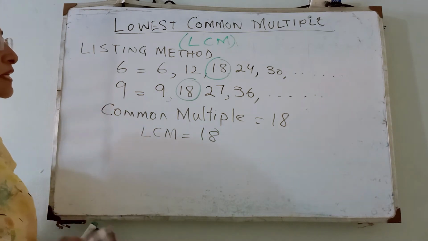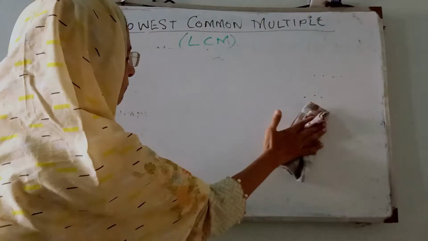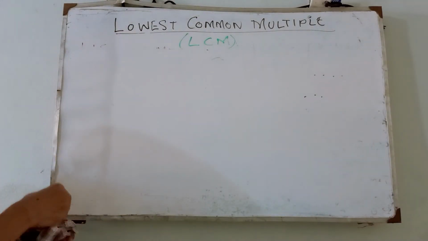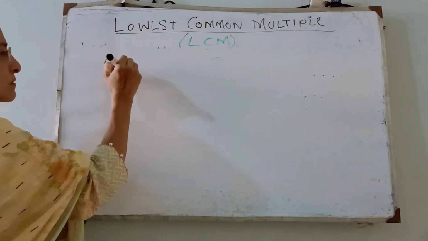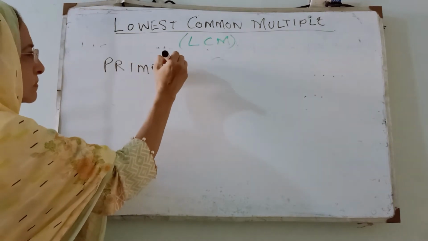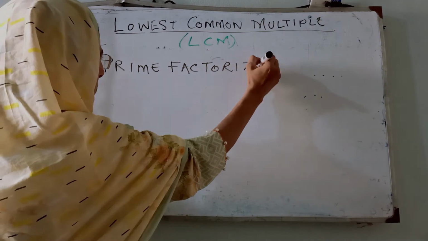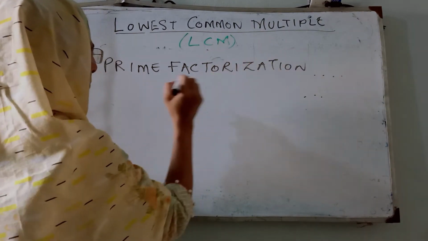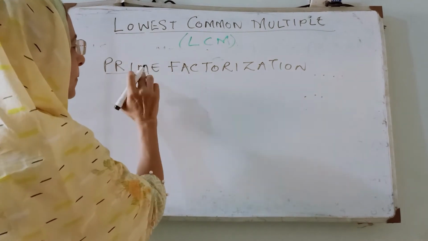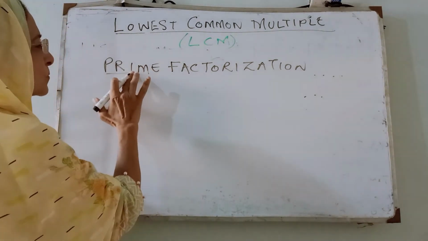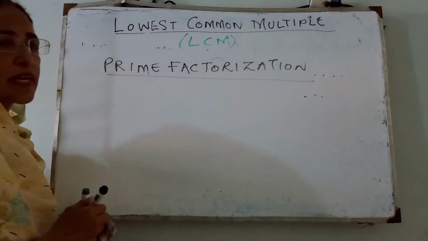The second method of finding the LCM is by prime factorization. As the name suggests, prime means we use numbers which have only two factors, 1 and itself.